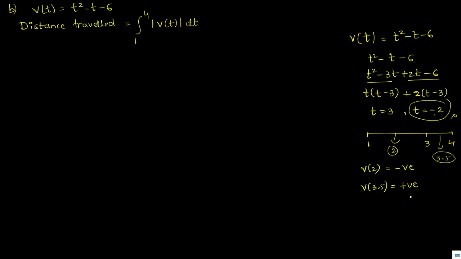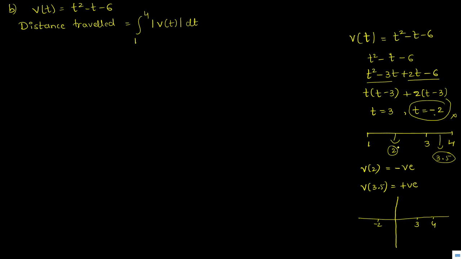If you are interested in looking into the graph of this, it's somewhat like this. This is the y-axis, this is the x-axis. We get the point, say minus 2 here, and a point, say 3, this we can say as 4.